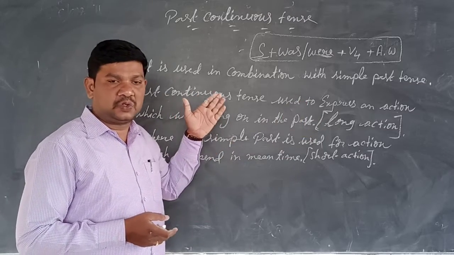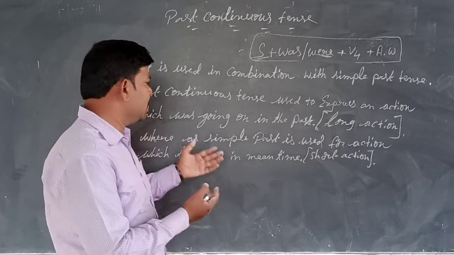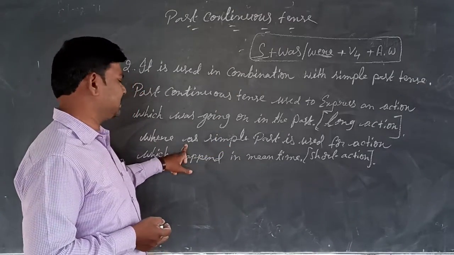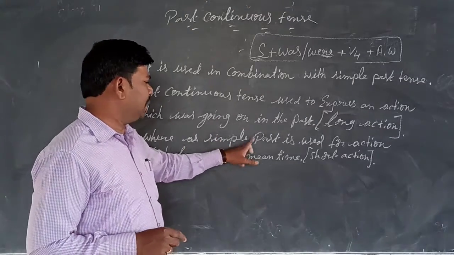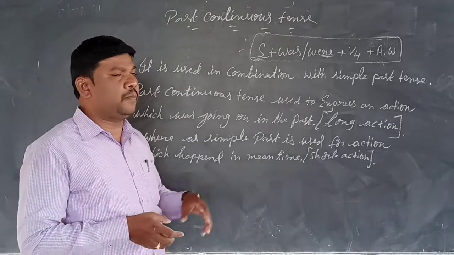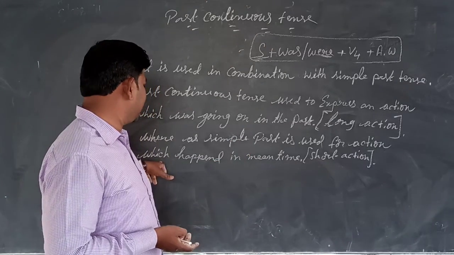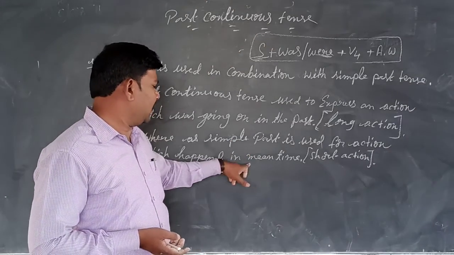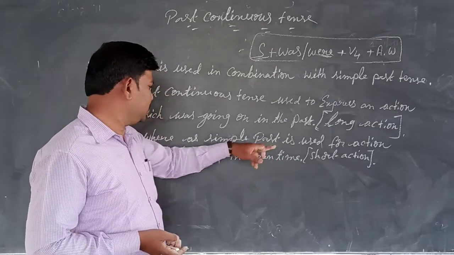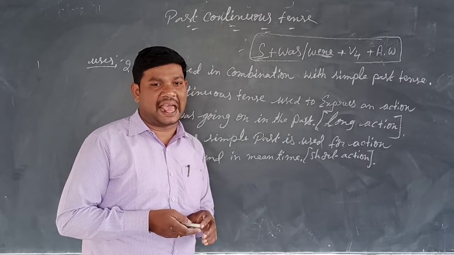In the same way, simple past is used for an action which happened in the meantime. Whereas means the next point. Simple past is also used here, that is in the meantime. Simple past tense is used for an action which happened in the meantime. It is a short action.